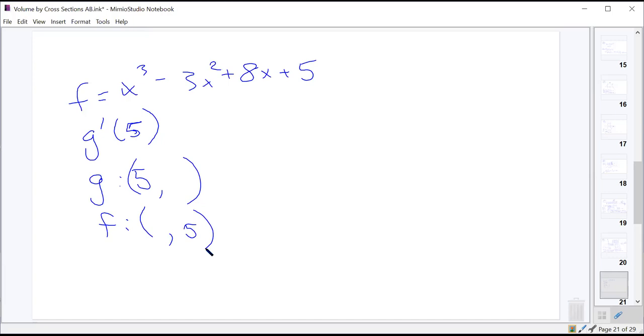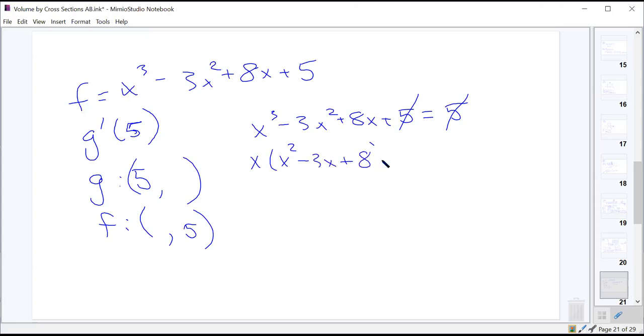So x cubed minus 3x squared plus 8x plus 5 equals 5. We subtract the 5, and that just becomes equal to 0. And so the easiest way to do this would be to factor out an x. And we should easily be able to see that x equals 0 is certainly a solution to that.